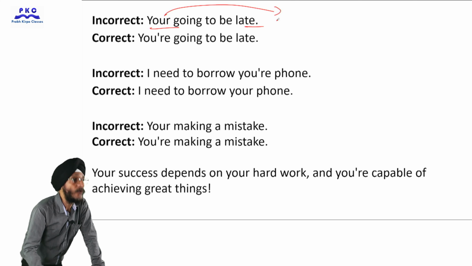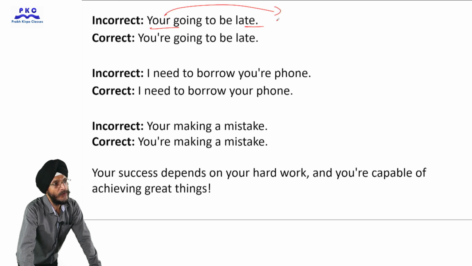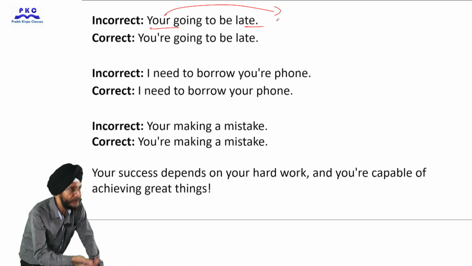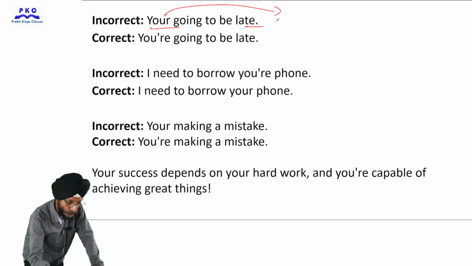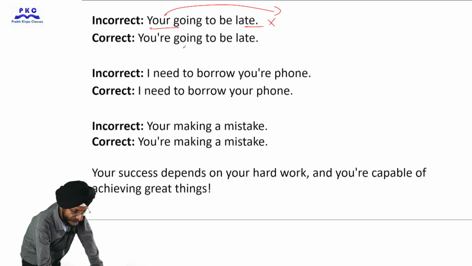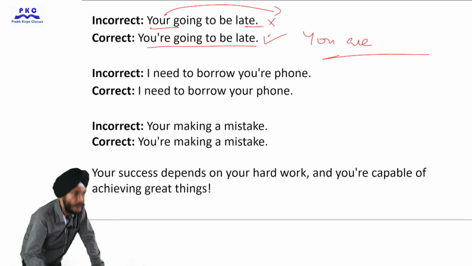"Your" shows ownership or possession, but here no item is there which shows ownership or possession. So here it is wrong. The next sentence is, "You're going to be late." It shows you are going to be late. It is okay.